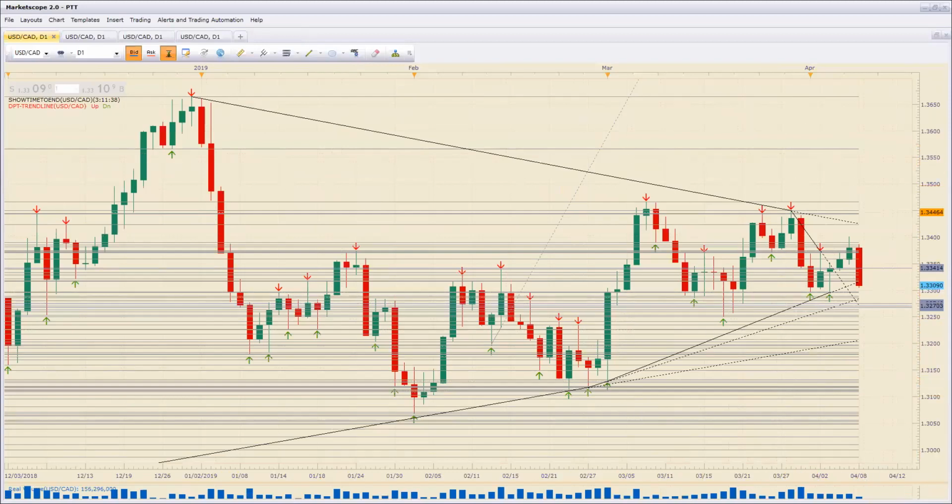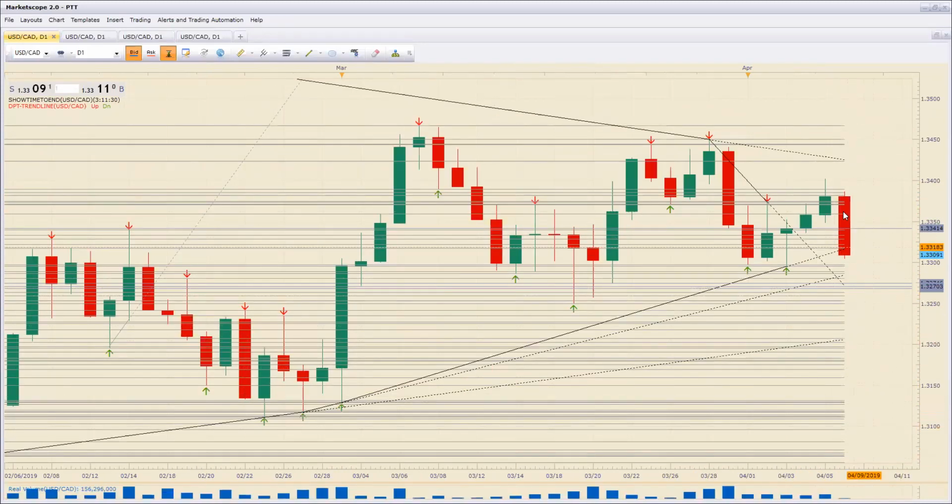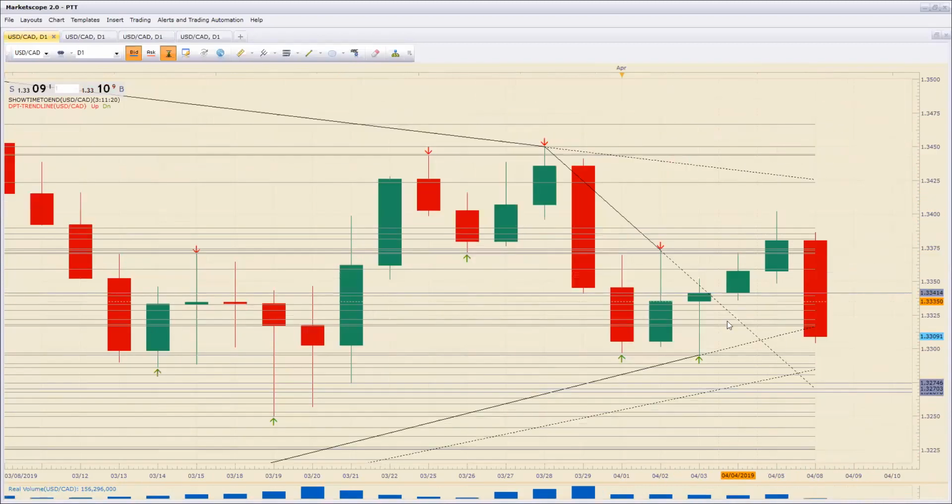So for the CAD, the current candle is very bearish. A lot of sellers, forming a lower high relative to the major high here, but a higher low relative to this minor. In the lows here, a lower low.